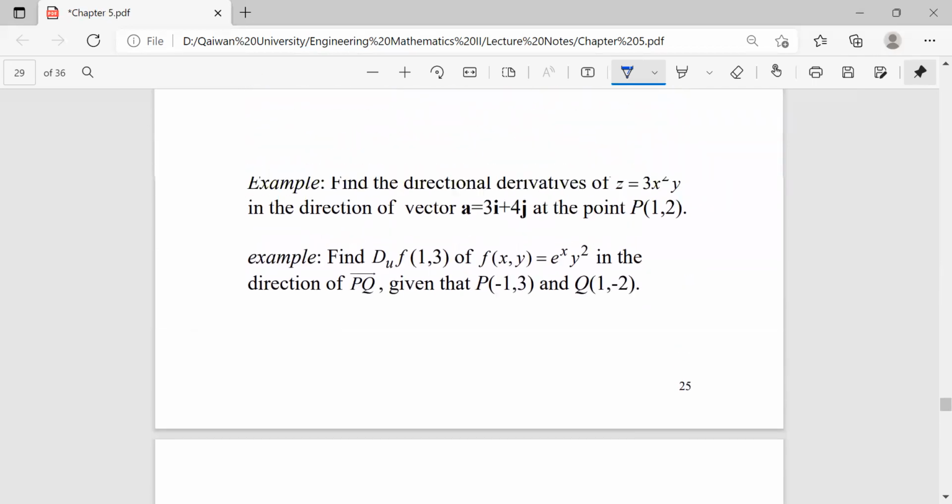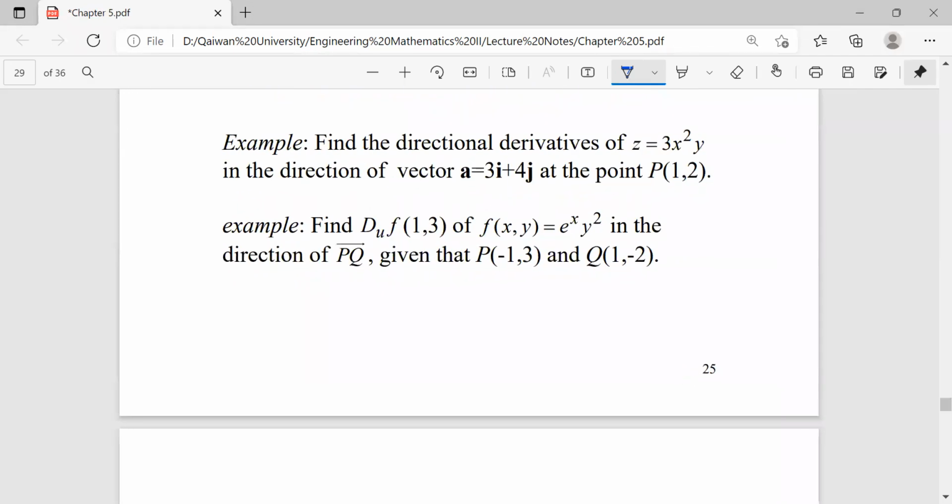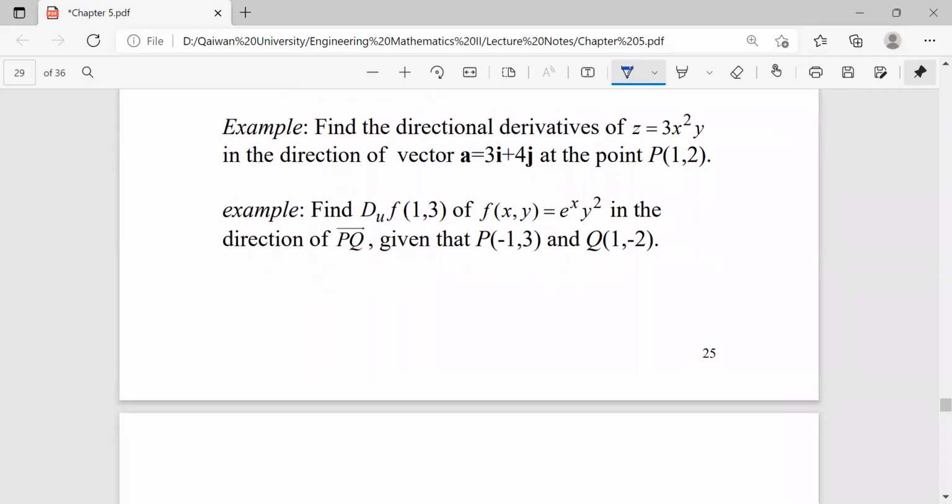Let's write down the given information here. For example 1, I'm going to name this one, and this is 2. For 1, z equals 3x squared y, and A is 3i plus 4j.